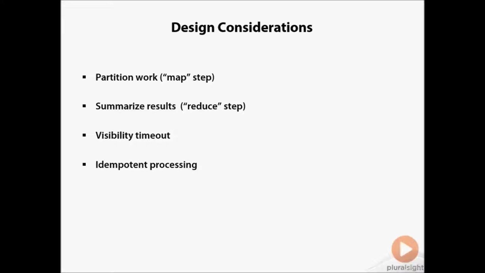The final design consideration also flows from idempotent processing. Just because your message is idempotent does not mean you can have runaway computation. What do I mean by that? Let's say I have a message which is flawed in a certain way, such that every time a worker role dequeues that message and starts processing it, it encounters an error every single time.